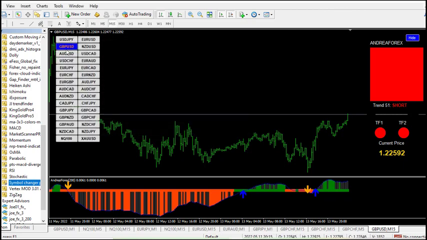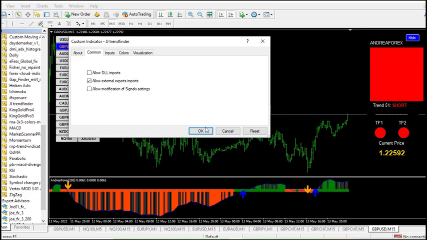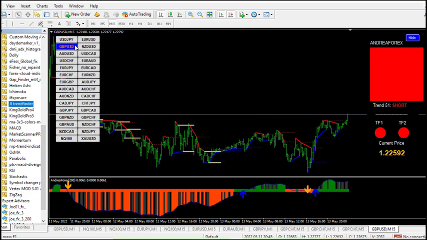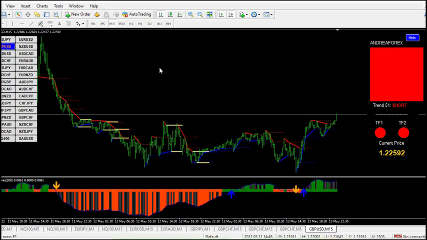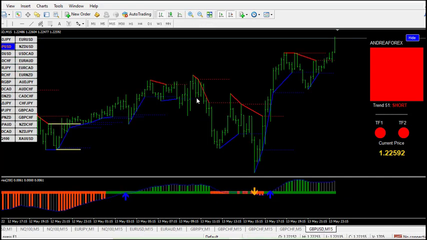All right, now here it is, and the last indicator I will add is JJ trend finder, and just click OK. Now this is how this other indicator works. Now I'm going to use this last indicator to trade this particular setup.